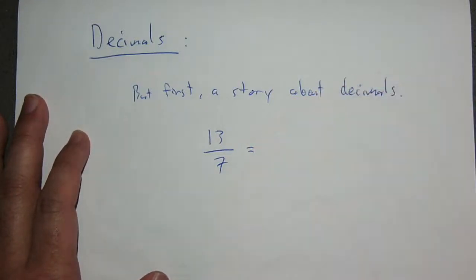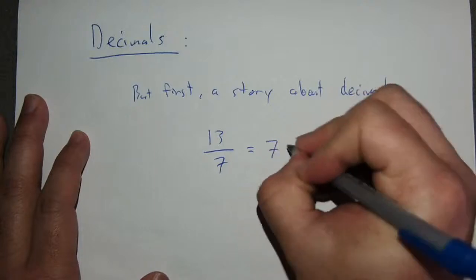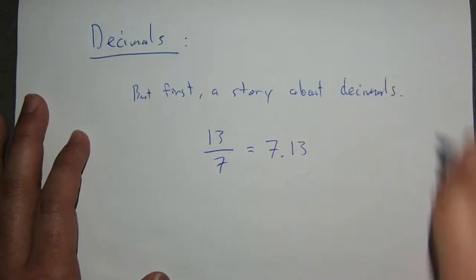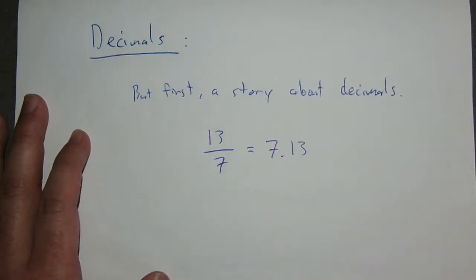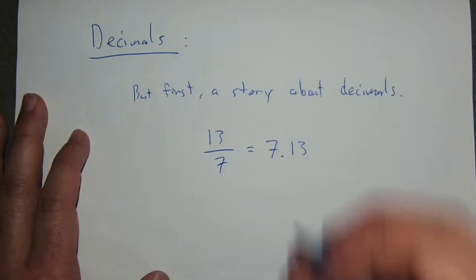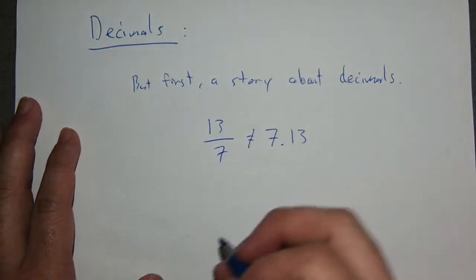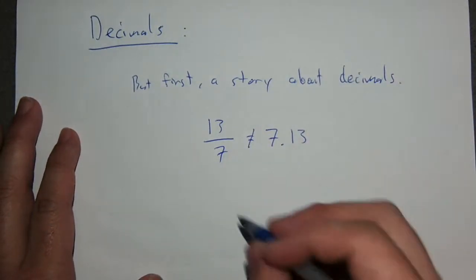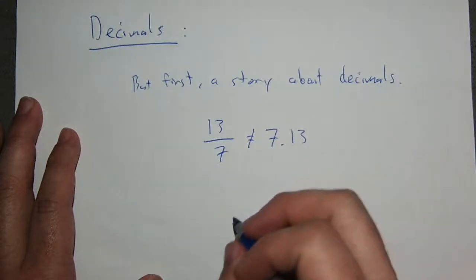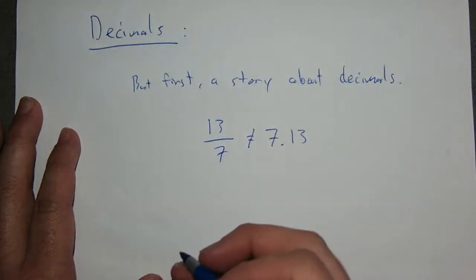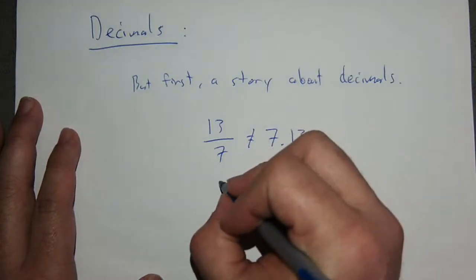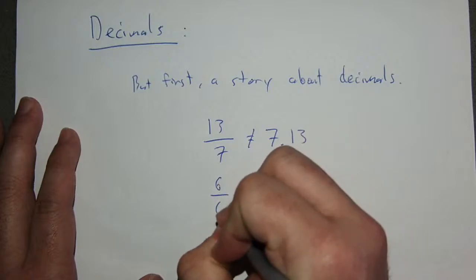Well, I mean, clearly this is 7.13, right? So clearly that's exactly what that fraction is equal to. Well, not really, right? Because this was one of the examples that showed up on the worksheet in question. What about 6 over 6?